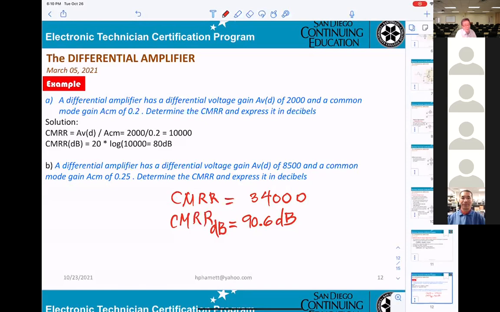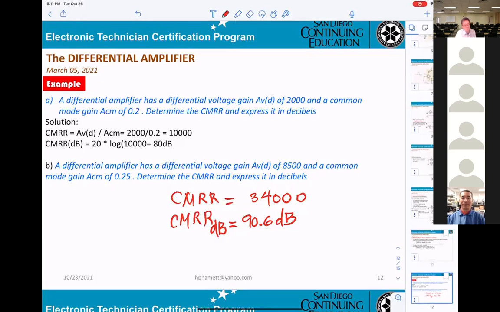When you buy an operational amplifier, they tell you what the CMRR equals. If the number is small, it's cheaper. If you get a very high number, it will be more expensive, because that means it's able to reject the noise better. So, Mr. Pham, does that mean those 741 op amps are the more inexpensive types?